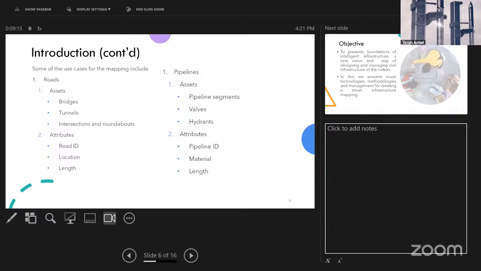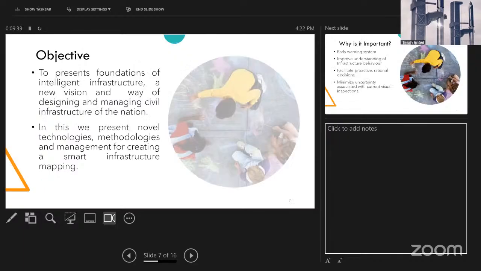You could also add the road surface type, the defect type, etc. And assets like pipelines you can treat like the road. You handle them as segments, give them a pipeline ID, the material type for that pipeline, the length. All these are infrastructure mapping use cases.